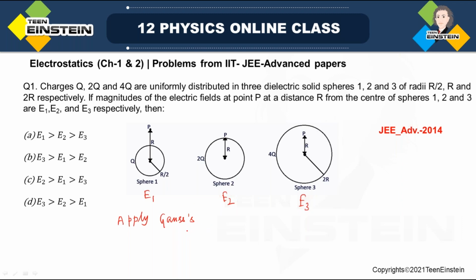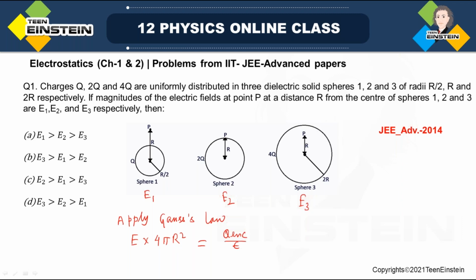to find out the electric field, the general formula is like this: E into 4 pi r square, for a sphere of radius r, is equal to the charge enclosed by epsilon naught. We have to just see which one is greater by magnitude.